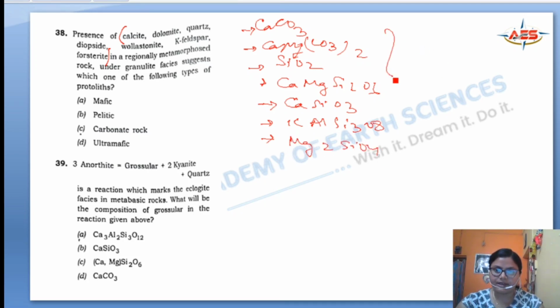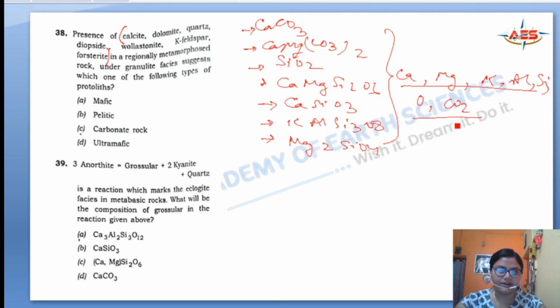So from here we can see that the elemental composition is Ca, Mg, K, Al, Si. It is rich in Ca, Mg, potassium, aluminium, silicon, oxygen and carbon dioxide.